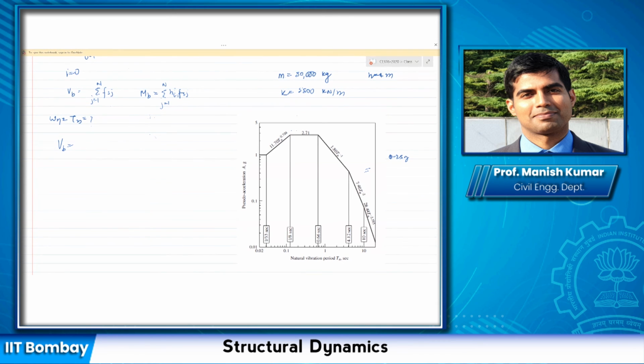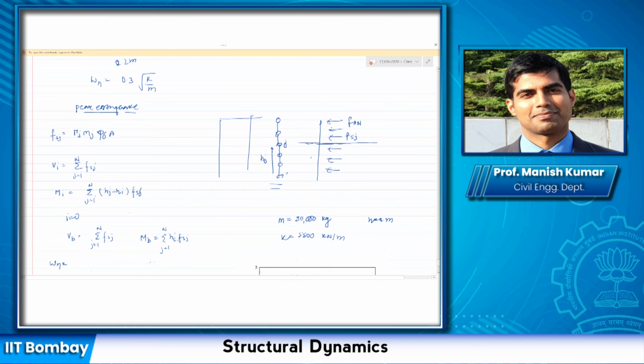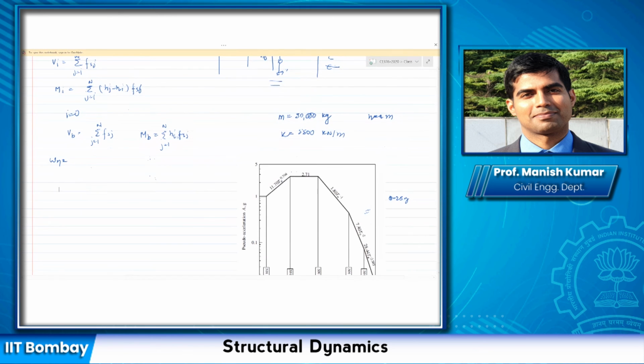Okay, let us see how to do this problem. Now omega n, let us see what we got as omega n. In this case it is 0.3 times under root k by m. K I have given to you as 5,500 divided by 50,000.